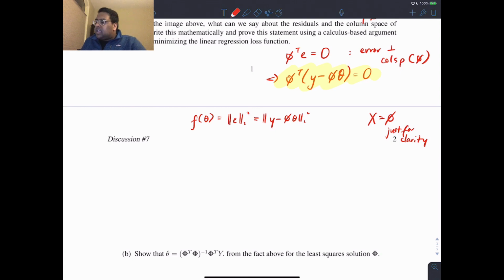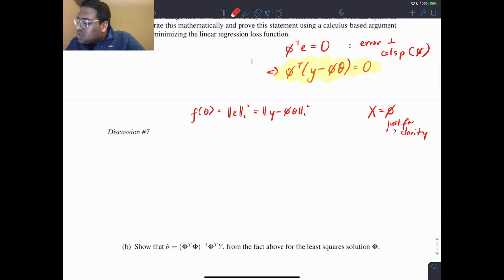We will use phi basically in all instances in this course, but just for this derivation, I want to use x just because it looks a lot more different than theta. Okay, so we're looking at the L2 norm squared of y minus x theta in this case. So don't forget this. Our x really should be phi.